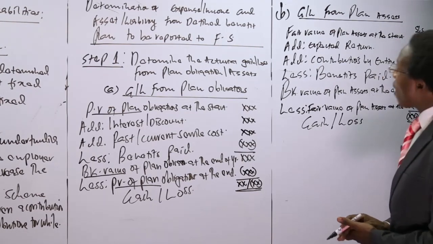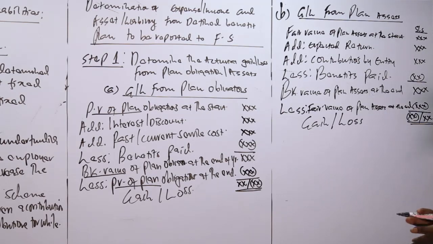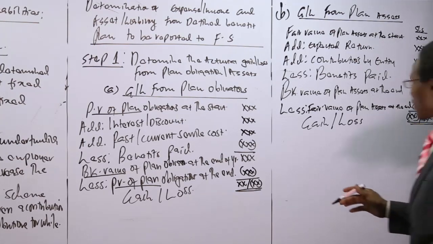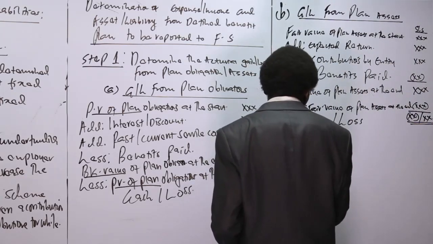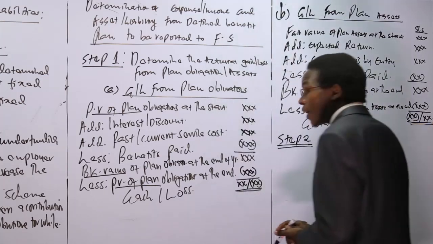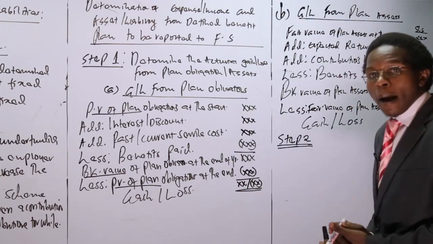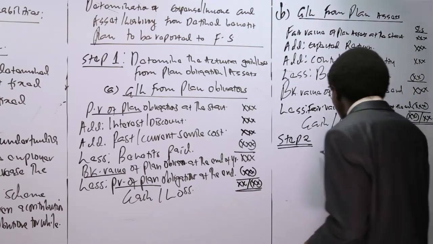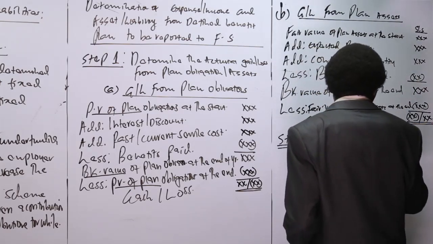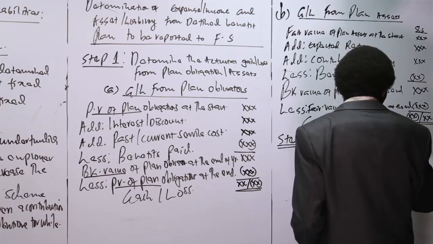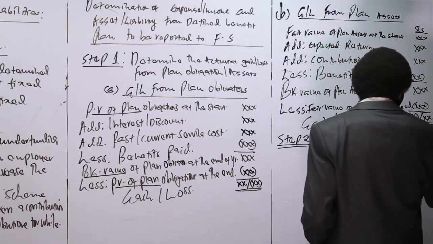Now, after we have determined the gain or loss from plan obligations and plan assets, our step number two is to determine the amounts to be reported in the financial statements.